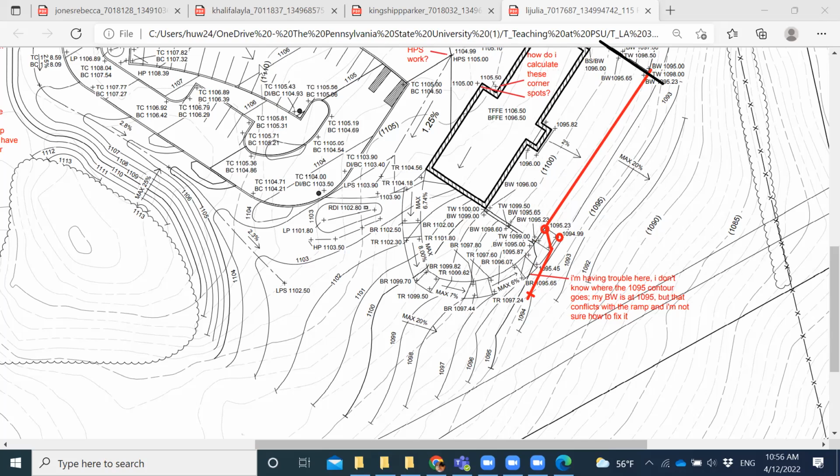Then 1096 would be somewhere here. And the bottom of the wall would be 96 instead of 95. So the wall needs to be inside and extend to somewhere here. Yeah, I think this is a little better than before.